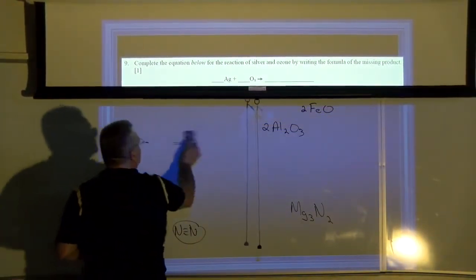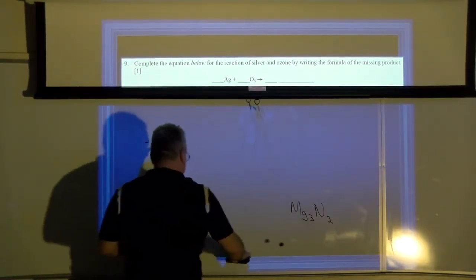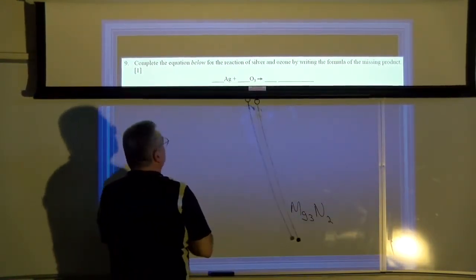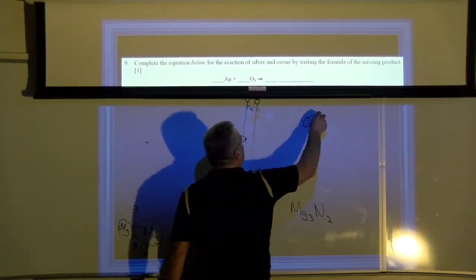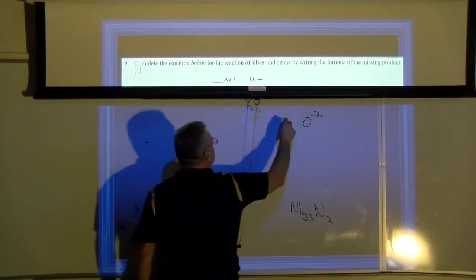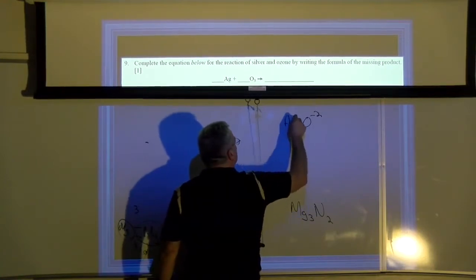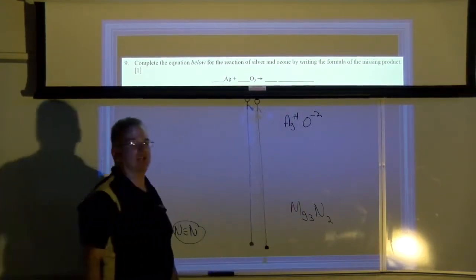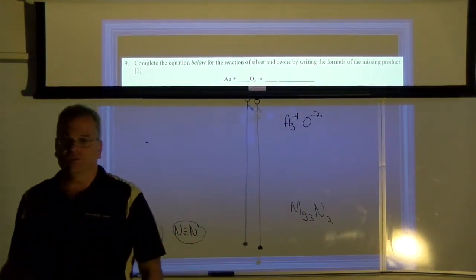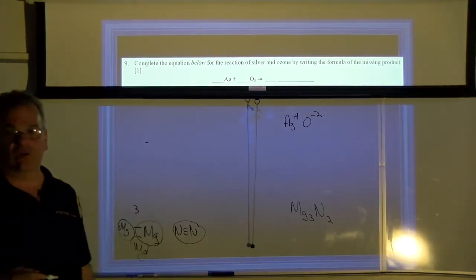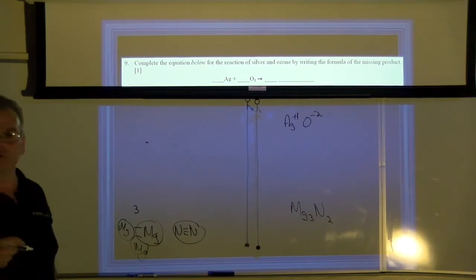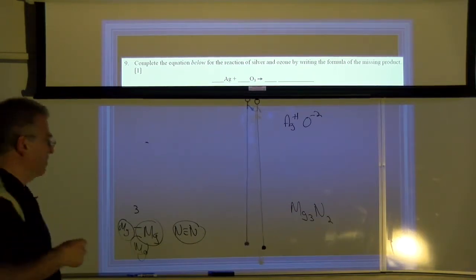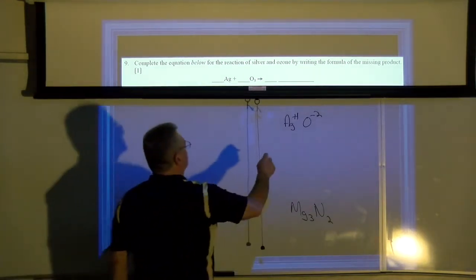So we know that I'm going to get my oxide. So the ozone will become oxide with a -2. The silver, I told you, only has one oxidation state. It's a +1. They don't cancel each other out right now because the puzzle pieces don't equal 0. So what do I need more of? What puzzle piece do I need more of? The silver ion. Very good. I need one more of these guys, right?